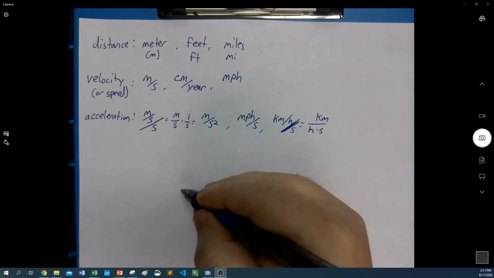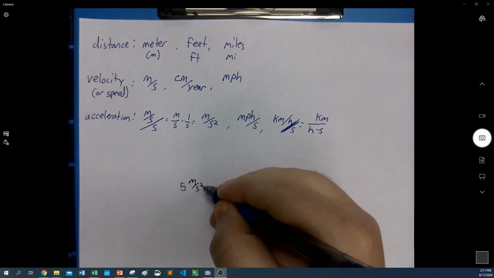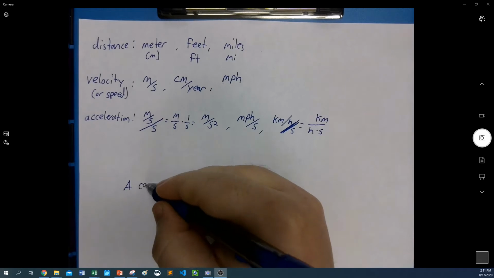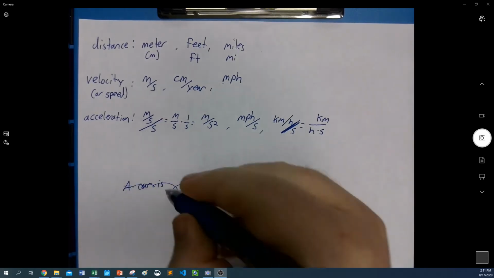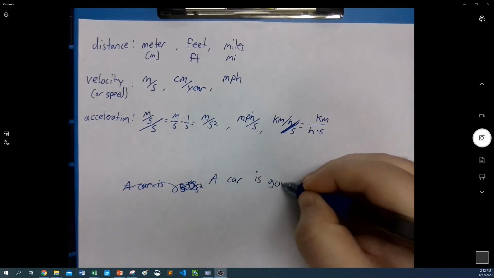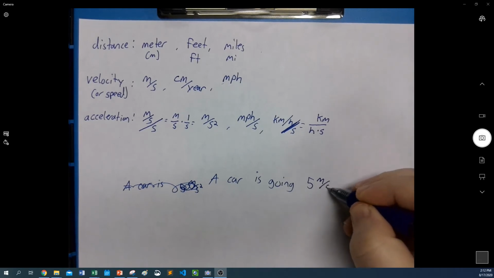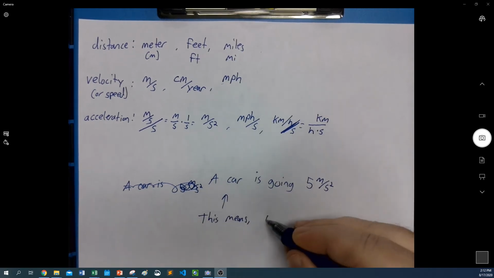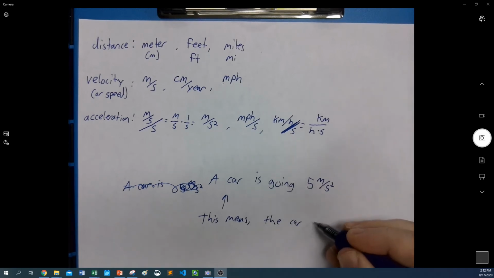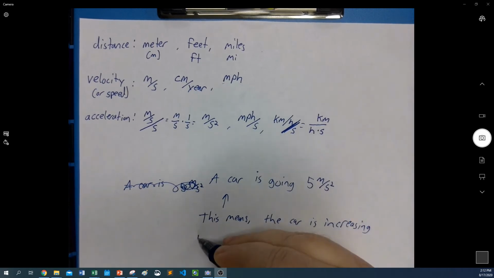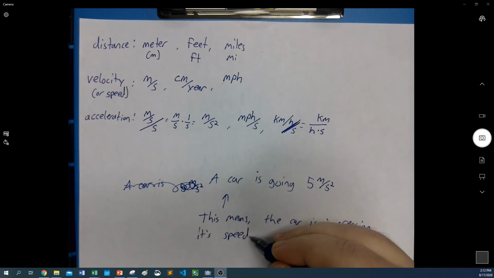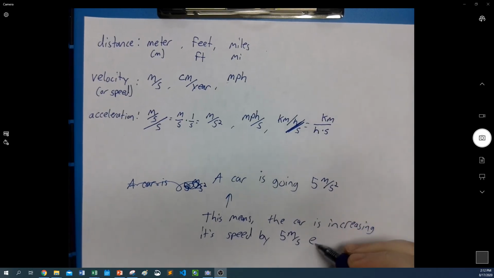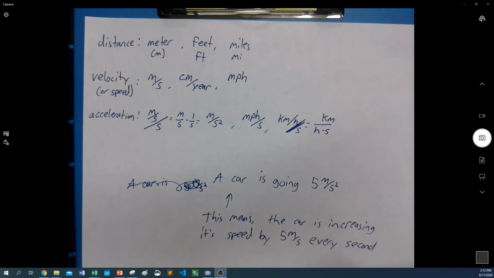So if I say a car is going 5 meters per second squared, this means the car is changing its speed, increasing its speed by 5 meters per second every second. Because this is acceleration.